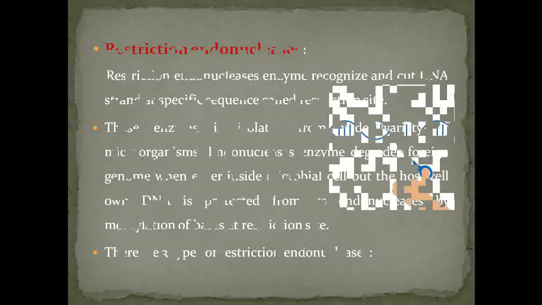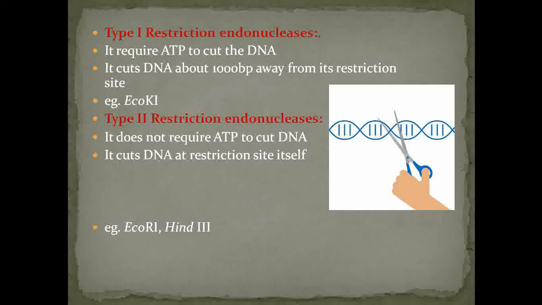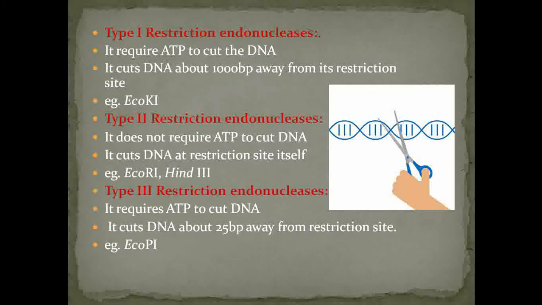That is restriction endonuclease type one, type two, and type three. Depending upon whether ATP is required to cut the DNA and at what recognition site the DNA is cut, the restriction endonucleases are divided into these three categories.